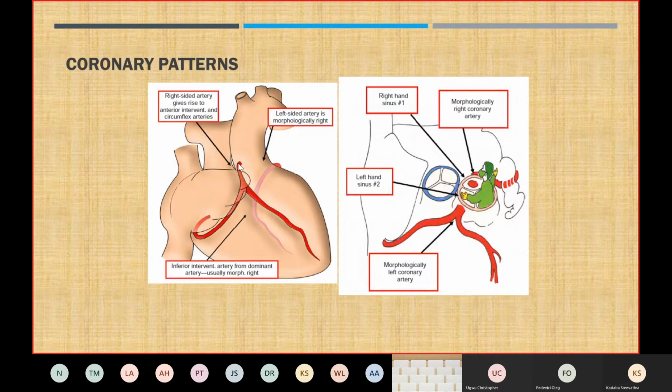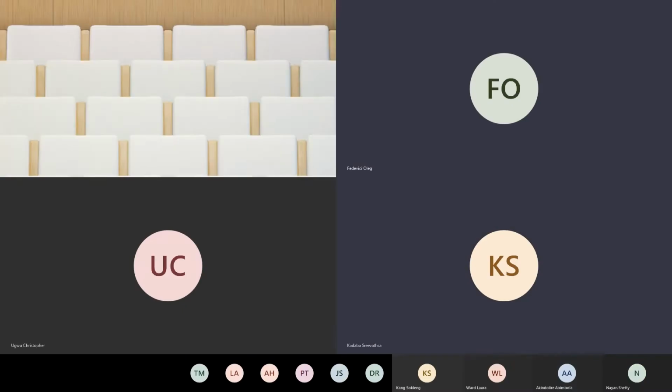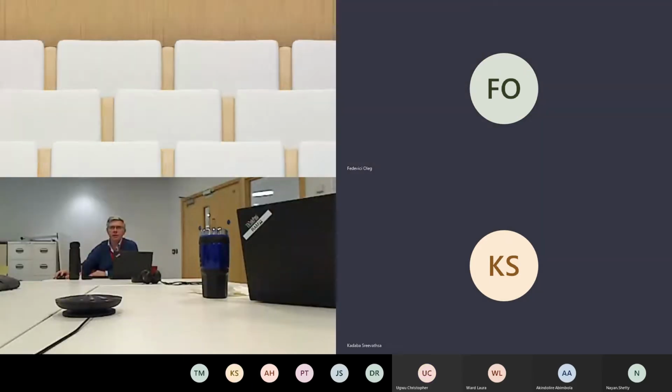Sri, we can't hear you again. I've stopped talking because there was some problem with the volume of the mic. I'm checking if I can increase it. Can you hear us, Sri?